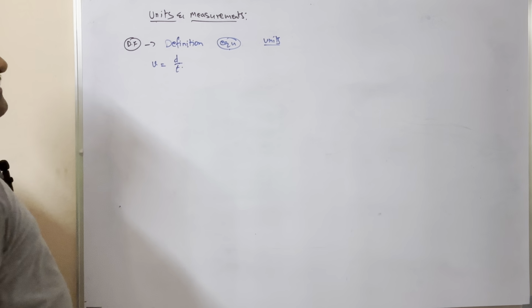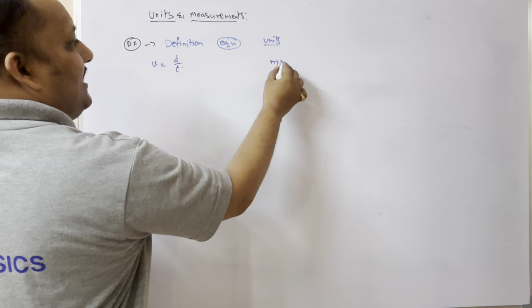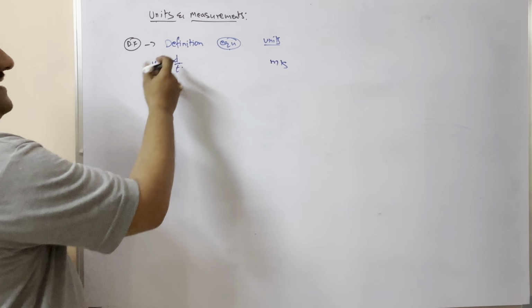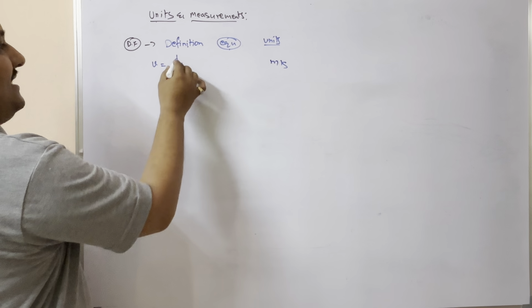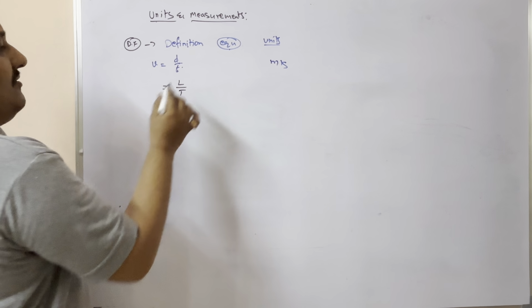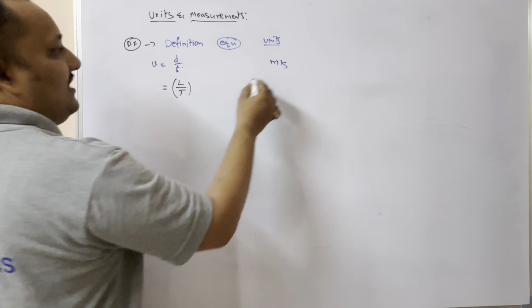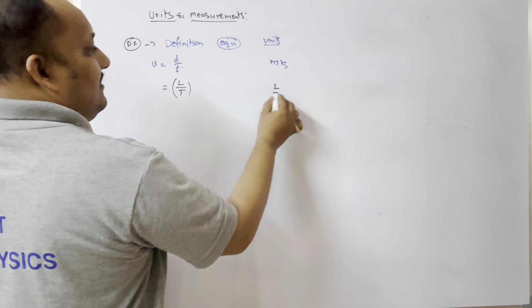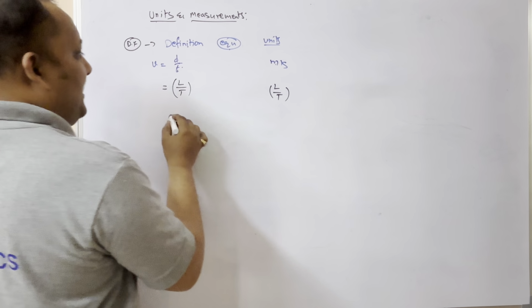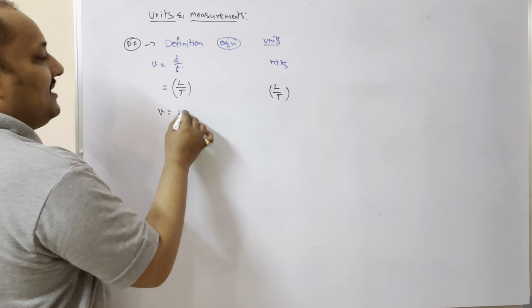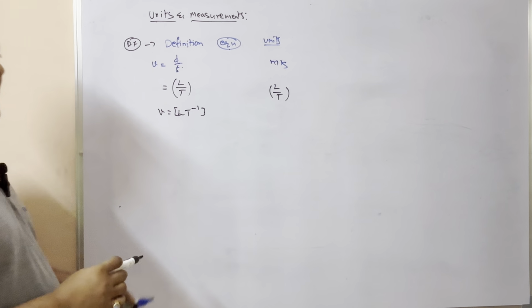Equation is also distance by time. Units are meter per second. Now distance we will represent as L, time we will represent as T. These are nothing but fundamental physical quantities. Meters L, seconds T. So L by T. Therefore, the velocity dimensional formula is L T power minus 1.